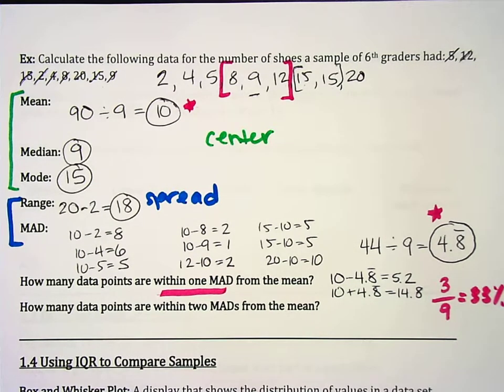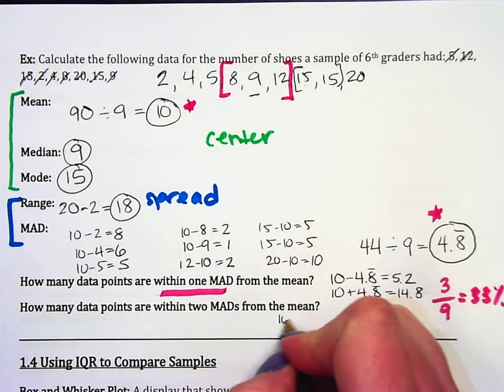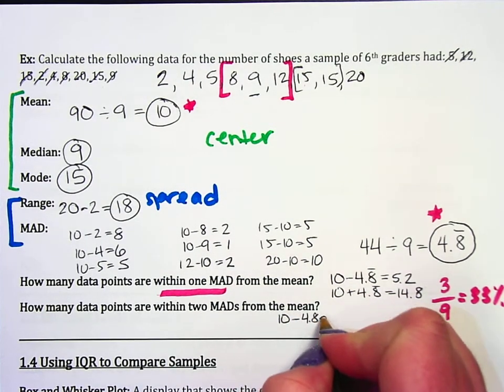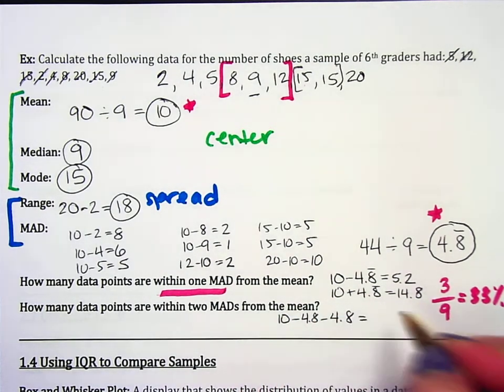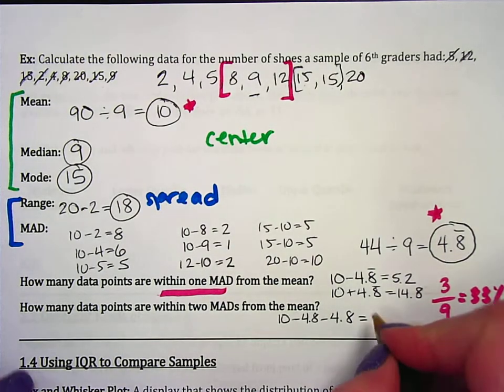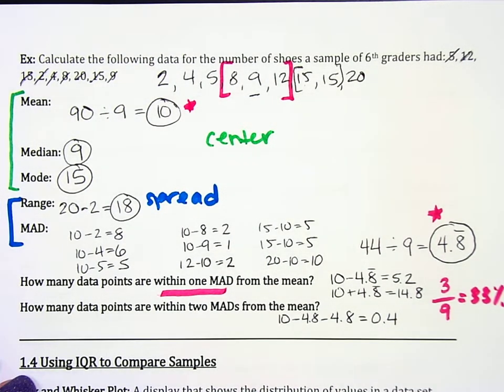Okay. In order to find how many are within 2 MADs, I have to subtract that same number twice. So if we did a mean of 10 and I subtract the MAD twice, 4.8 and 4.8, we're looking for a number bigger than 0.4.